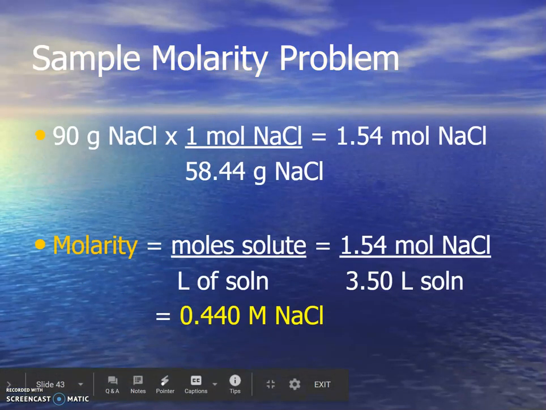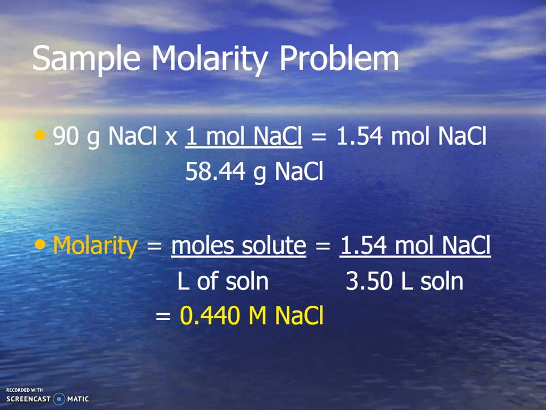All right, so this is all spelled out for those of you that have my notes. The 90 grams of NaCl, 1.54 moles of NaCl, then we do moles per liter, and then we get moles per liter to equal molar. And that is how we figure out molarity.